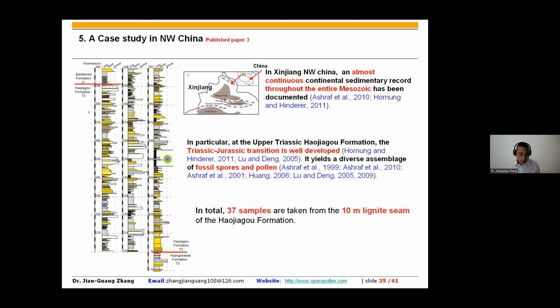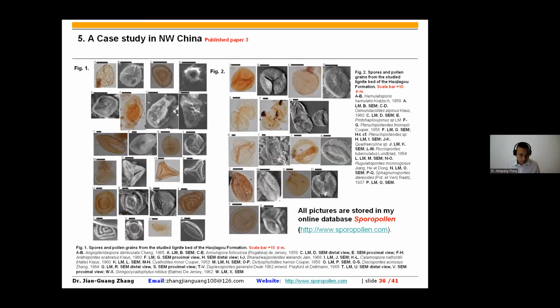In total, 37 samples were taken from the 10-meter lignite seam of the Jiangguang Formation. Among the 37 samples, 30 of them preserve abundant sporomorphs. Scanning electron microscope pictures have been taken for identification, and light microscope pictures for the abundance calculation.